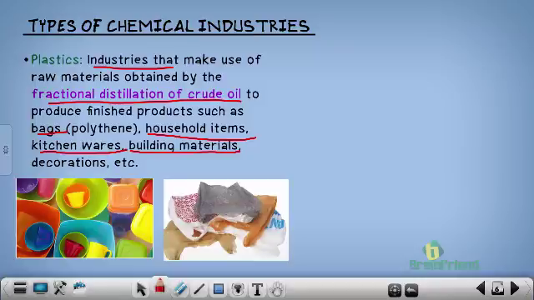Examples of building materials that are made from plastic are the cables, our pipes, and PVCs. Then, for decoration, some of the items we have in our homes that we use to decorate our sitting rooms and our bedrooms are made from plastic.